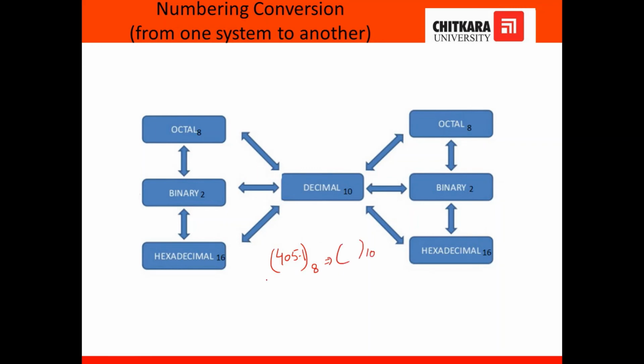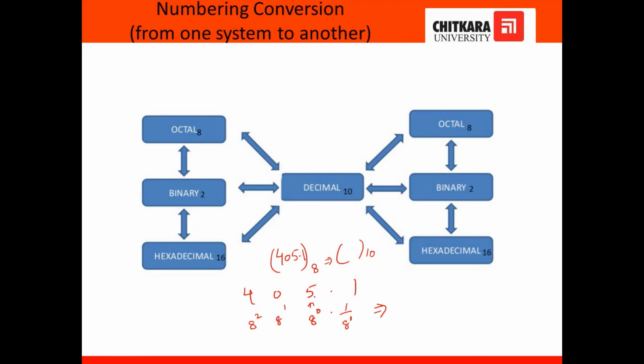If the question comes this way, then what should be my action? I have to multiply this digit by 8 raised to the power 0, this by 8 raised to the power 1, this by 8 raised to the power 2. Fine. And after the point I have to divide by 8 raised to the power 1.